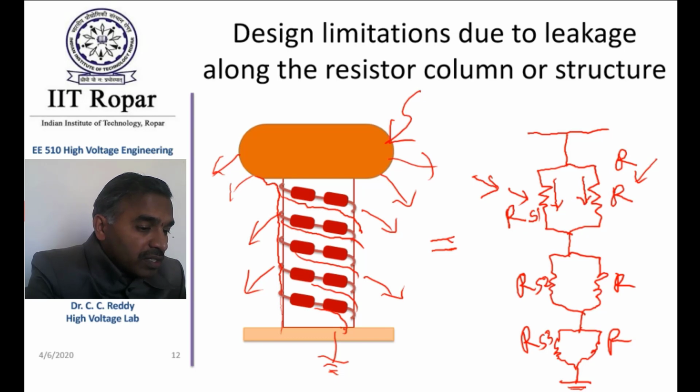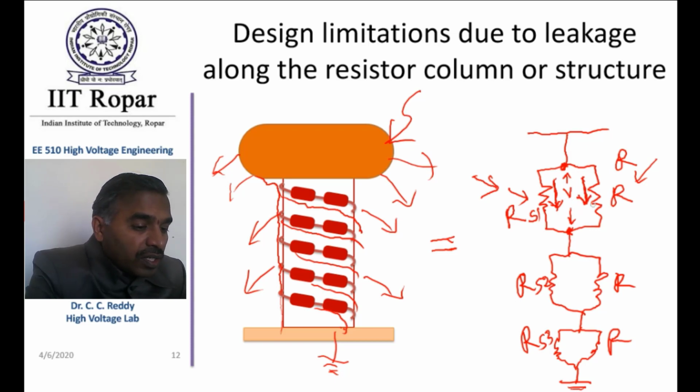That's what it means, right? Because the voltage across these resistors is the same, some V. If RS is small, heavy current will flow through it and small current will flow through the divider, right?